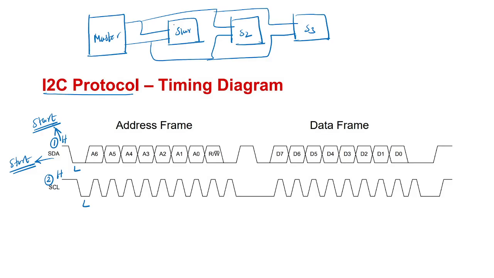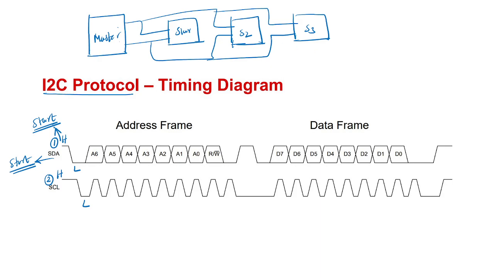When no address is there, the data will be transmitted to all the slaves. The master should communicate with only one slave at a time.